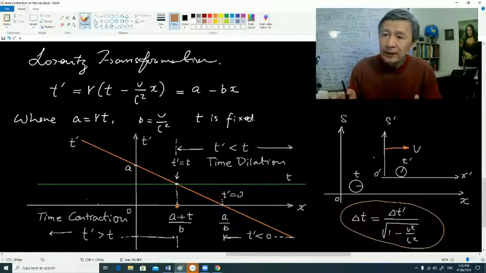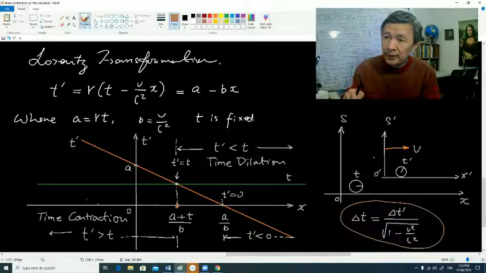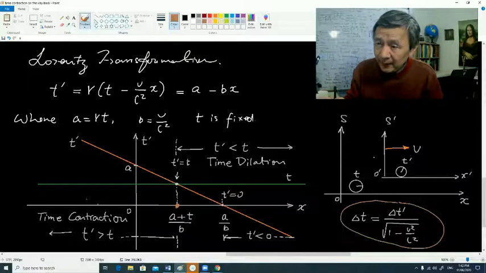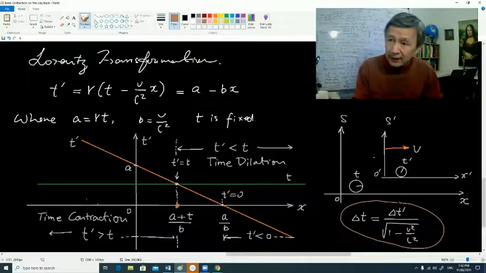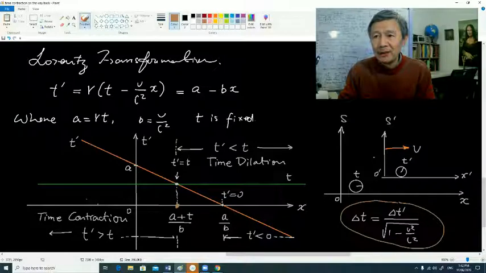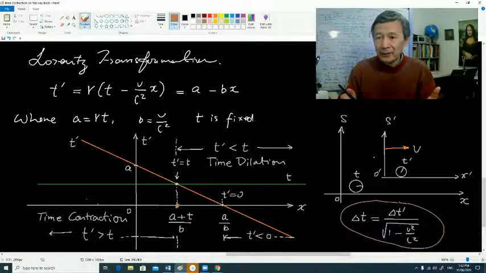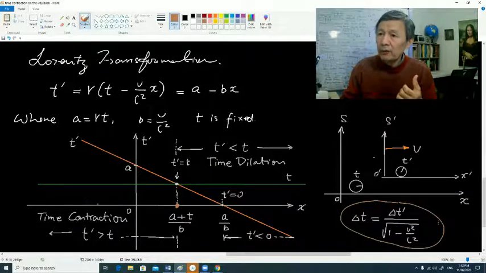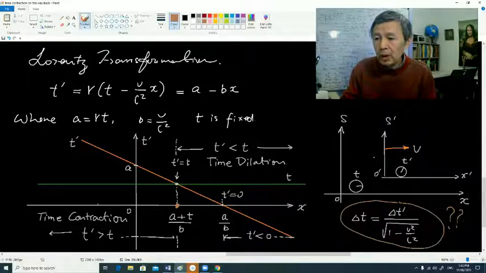In fact, the moving clock actually runs faster than the clock staying in frame S. So that is the simple graphical discussion of the logical consequence of the Lorentz transformation. So from now on, be careful. This formula is only true when certain conditions are applied.